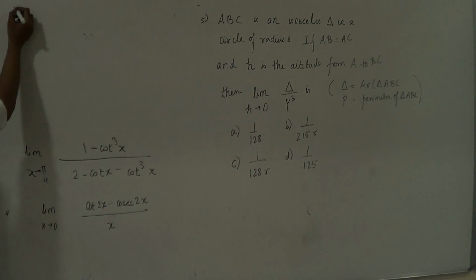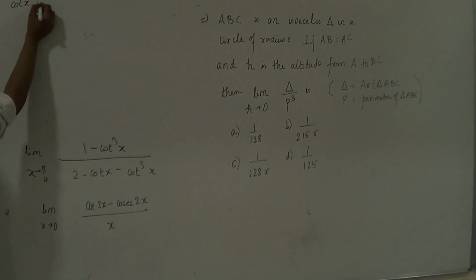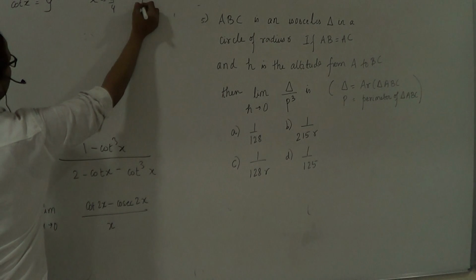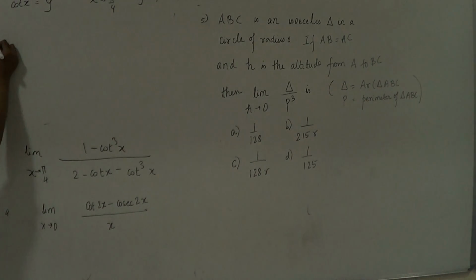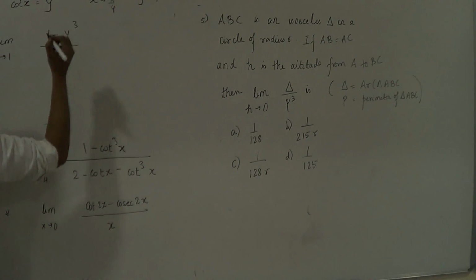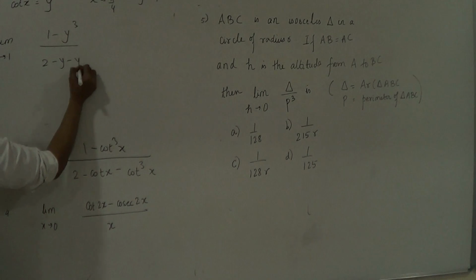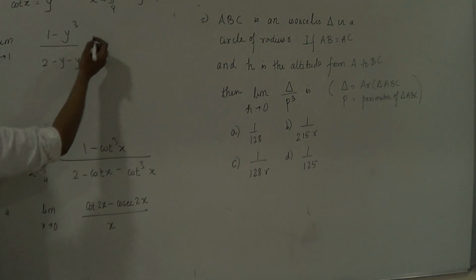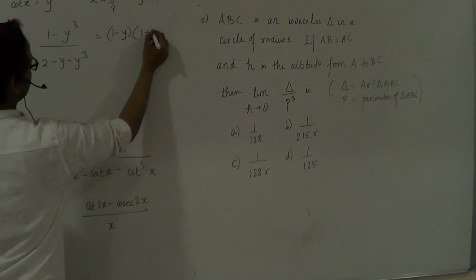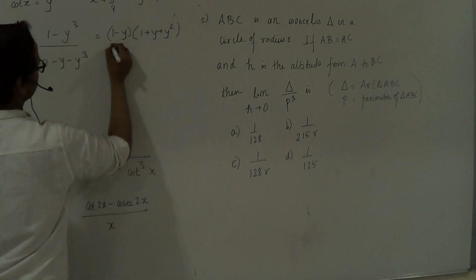Yes. Here I'll suggest take cot x as y. So as x tends to pi by 4, y tends to 1. So this entire problem converts to the limit y tending to 1 of 1 minus y cube by 2 minus y cube. I think it is easily factorizable also. This becomes 1 minus y into 1 plus y square.